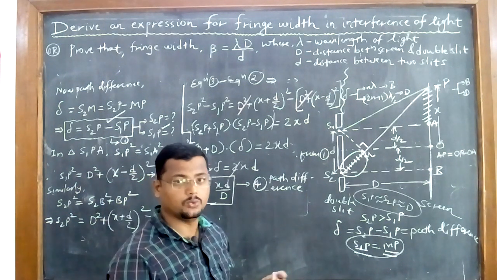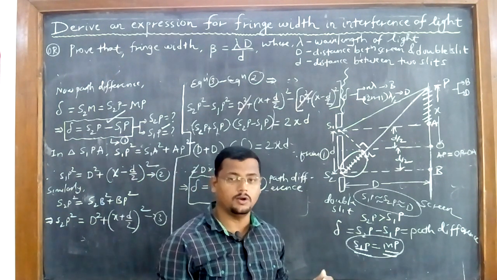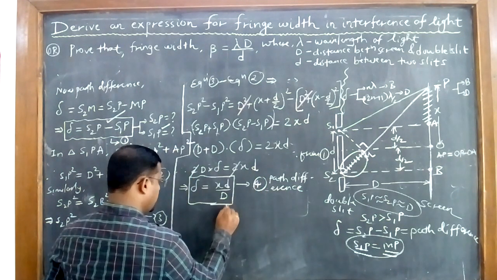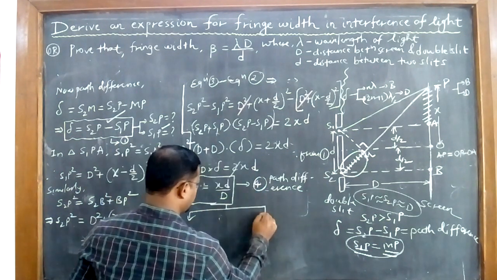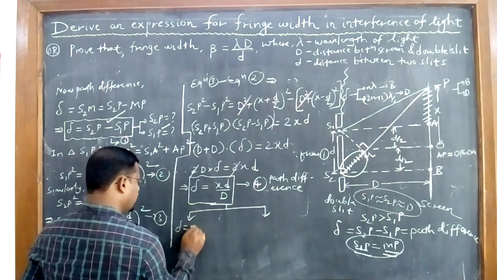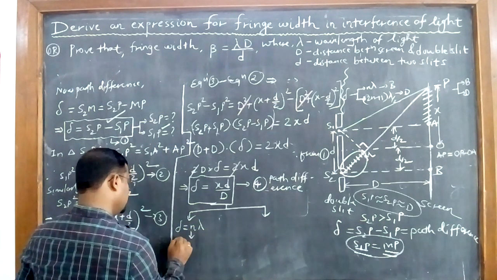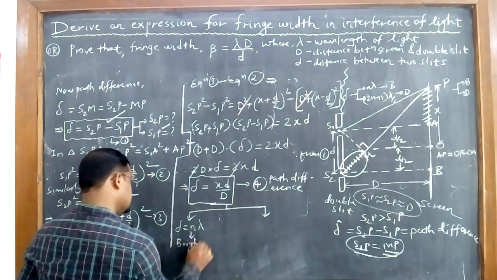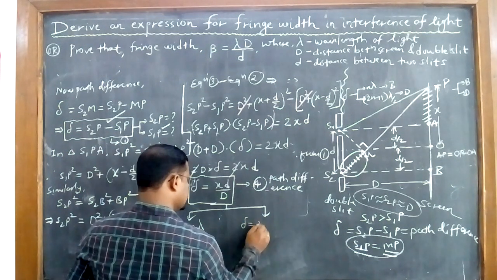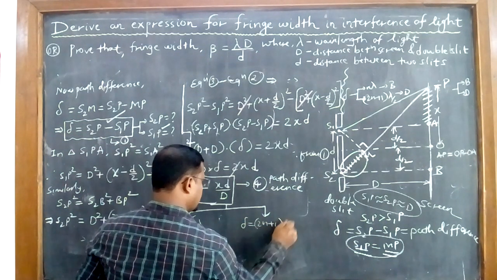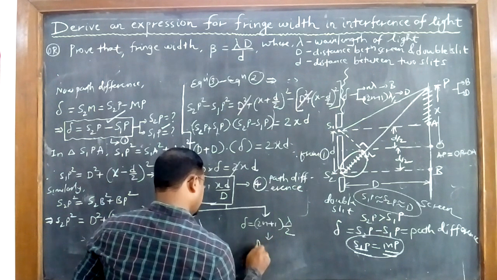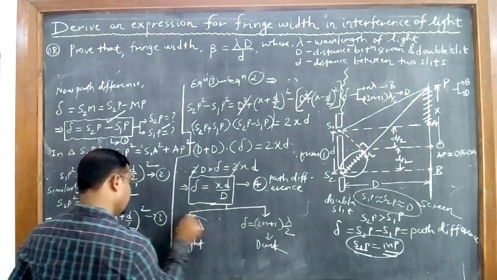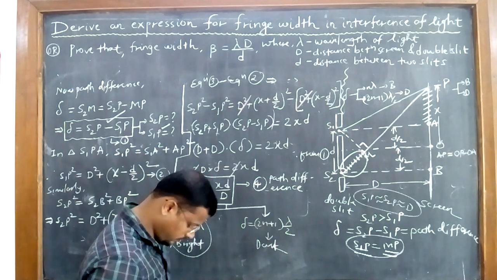and this can be equal to (2n + 1)λ/2 for dark fringe, right? So this path difference, equation number 4, can be delta equal to nλ for brightness, and delta equal to (2n + 1)λ/2 for darkness. I will prove for brightness here, because what is the fringe width expression?